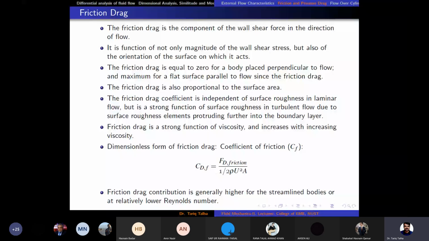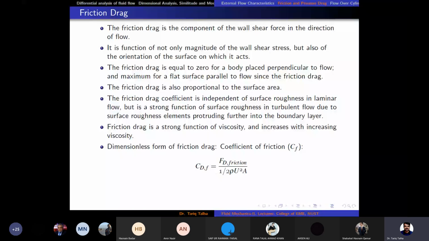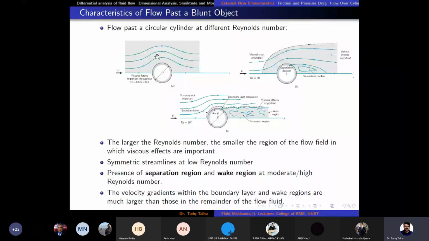The reason is that the flow would remain attached, as we discussed in the case of the cylindrical body. The pressure difference between front and back is very small in this figure A. So that's why in figure A, the major component of drag would come from friction drag, right?